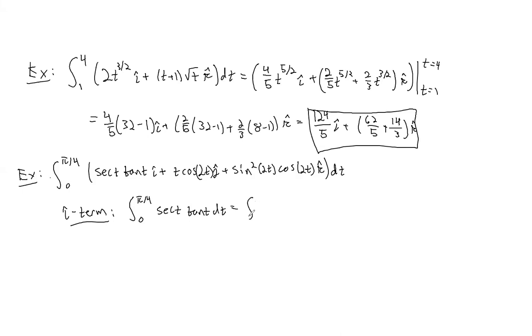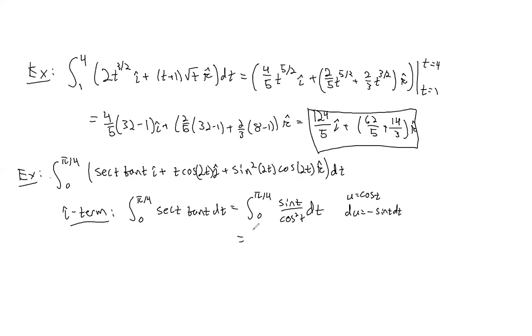dt. Well, that's the same thing as the integral from 0 to pi over 4 of sine of t over cosine squared of t. And now we recognize this is a basic u substitution, where we're going to let u be cosine t, and du, in that case, becomes negative sine t dt.